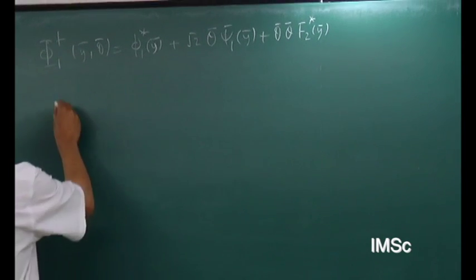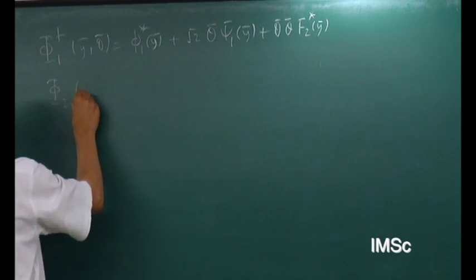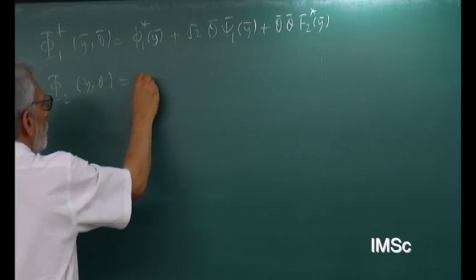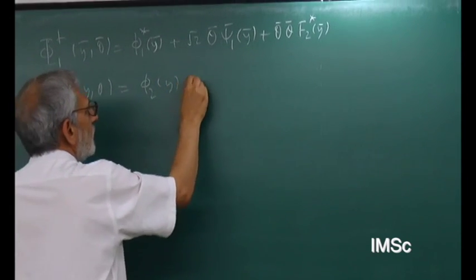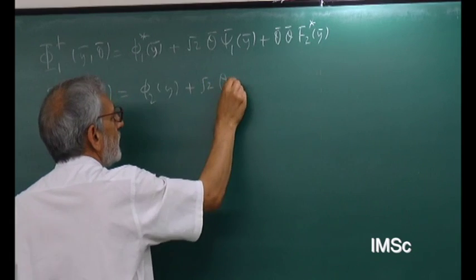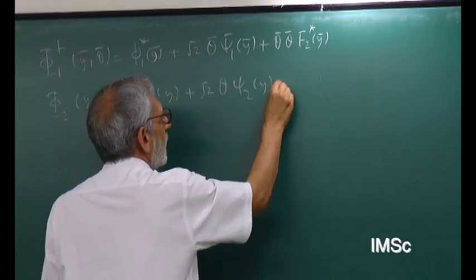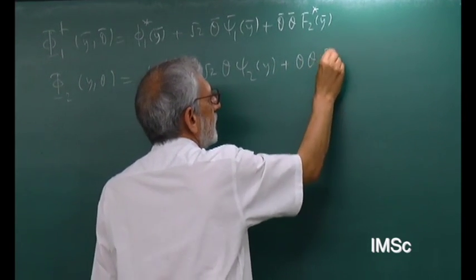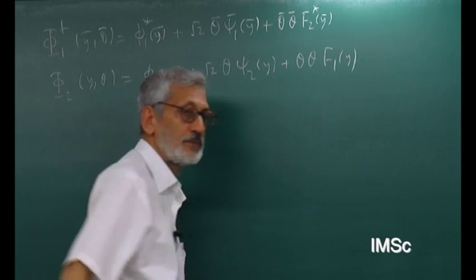And phi 2 of y and theta will be phi 2 of y plus root 2 theta psi 2 of y plus theta theta F2 of y.